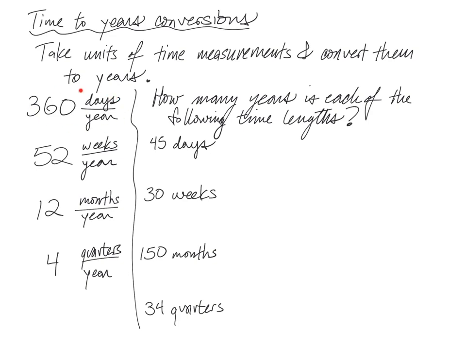So here it is, we've got 360, and we just have to divide 45 by 360 days per year.